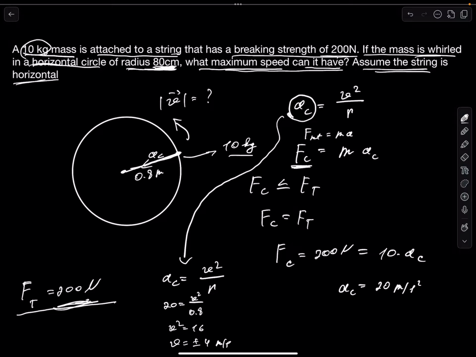But we know that we're talking about speed. Speed cannot be negative. Speed is a scalar. It doesn't have the negative axis. So our final answer is going to be 4 meters per second. That is the maximum speed that this object on the string can reach without the string breaking in the process.